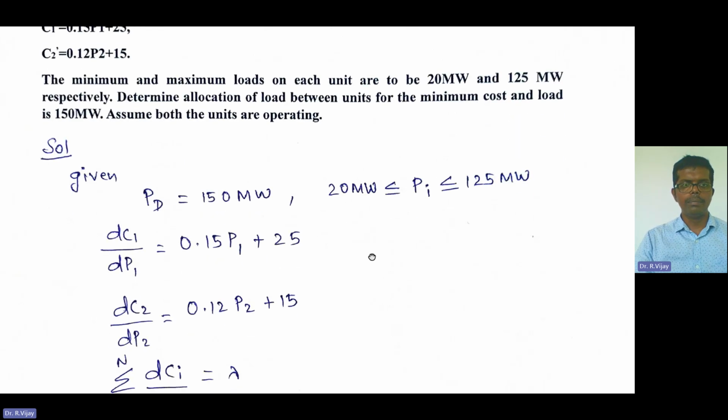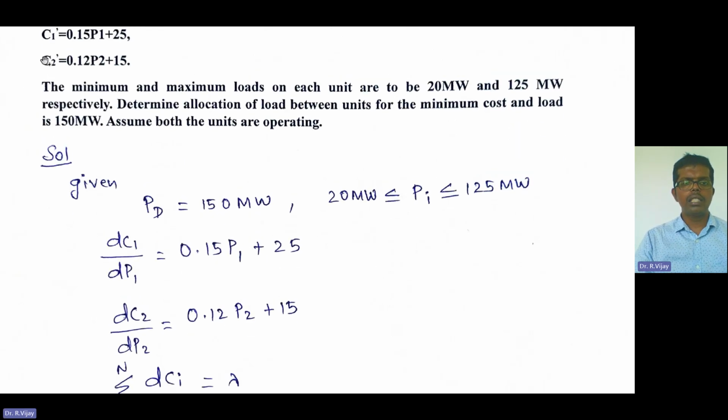The cost functions with differentiation are given: dC1/dP1 = 0.15 P1 + 25, and C2' = dC2/dP2 = 0.12 P2 + 15.